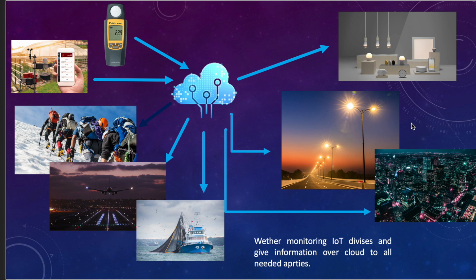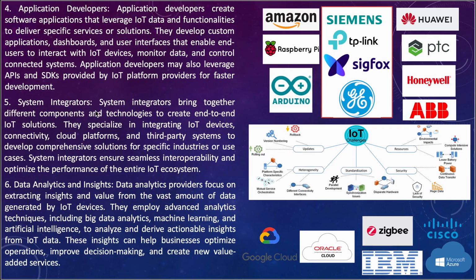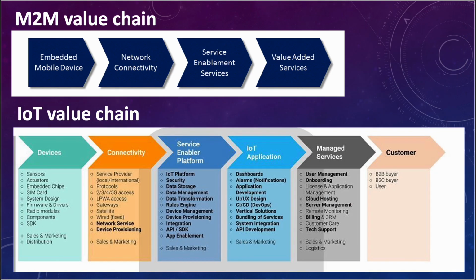Fishermen, airline travelers, for remote locations can buy your real-time data. You can sell your real-time data to them, so they can use that data to carry out their functions. So in the value chain itself, you will be maintaining all these things.